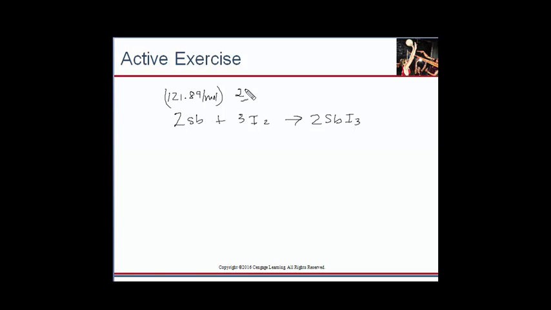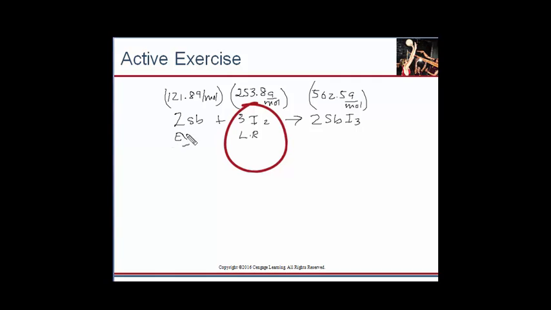This was 253.8 grams per mole. And this is 502.5 grams per mole. So we labeled this as our limiting reactant, and we said that this one was in excess.